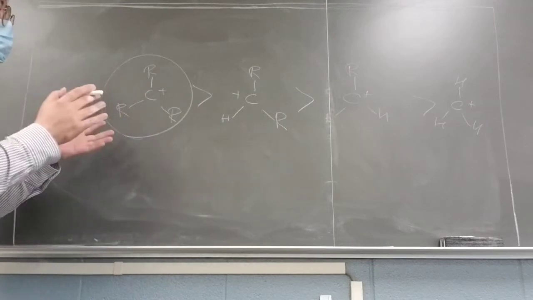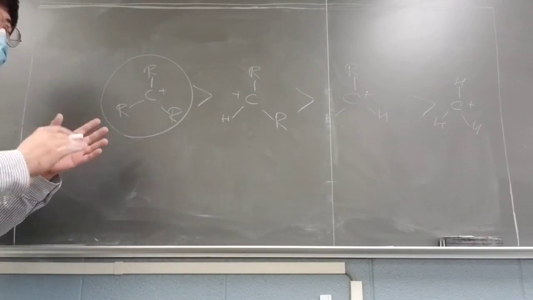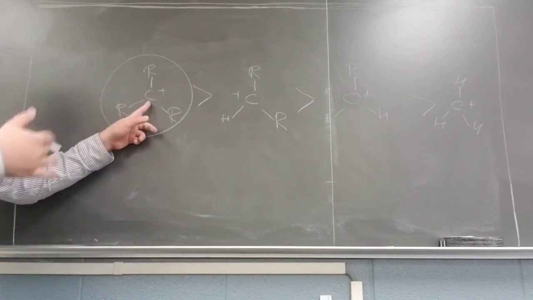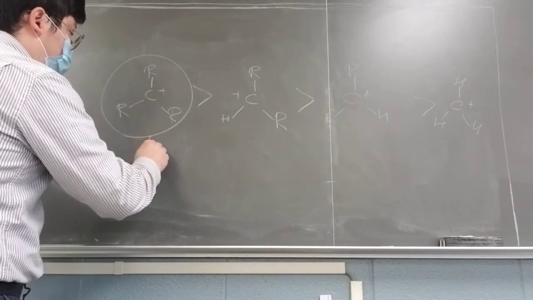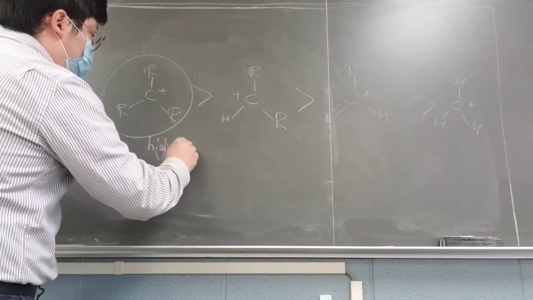This is why you're always going to locate the positive charge on the carbon with a higher degree of substitution, because it has higher stability.